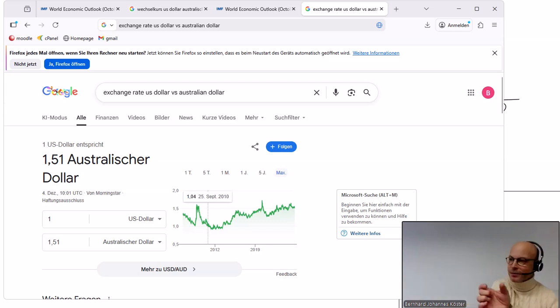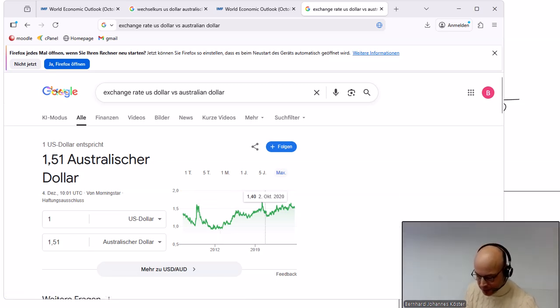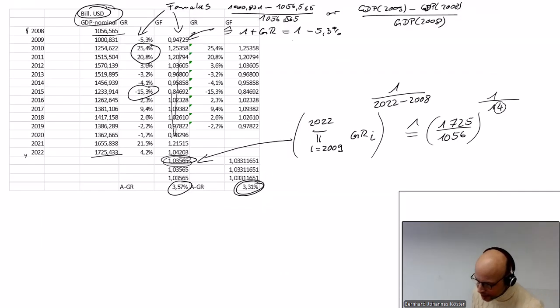So these 20-25% are mainly due to the changes of the exchange rate of Australian dollar versus US dollar. Also here, I think we have also seen it: plus 21% in 2021. This was still Corona time, so the growth in 2021 would be really surprising.